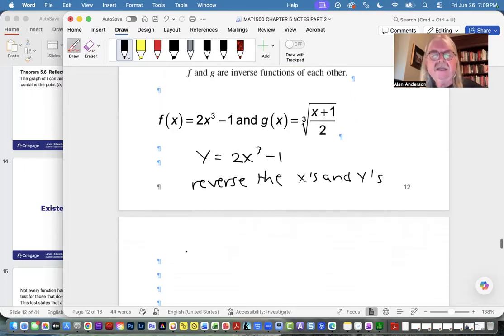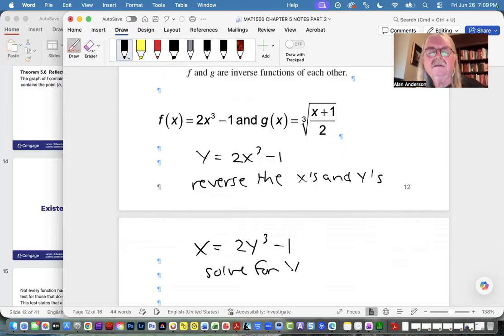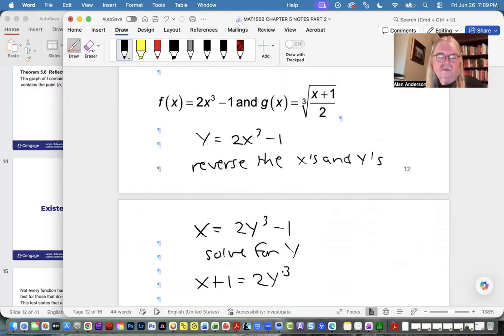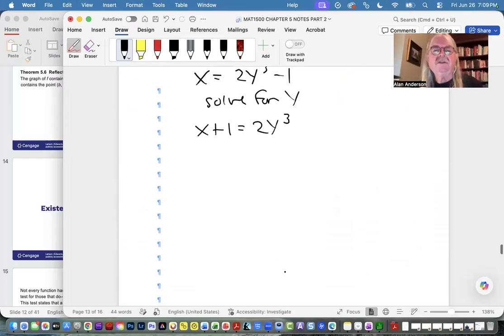And so that means that now suddenly we have x equals 2y cubed minus 1. And then the next step is solve for y. Whatever that is, is the inverse. So I divide both sides by 2.